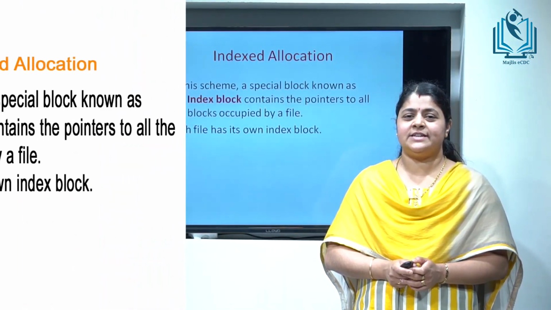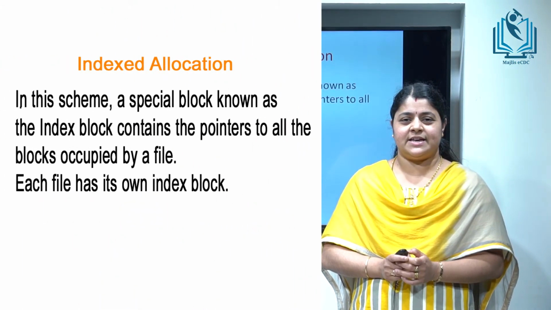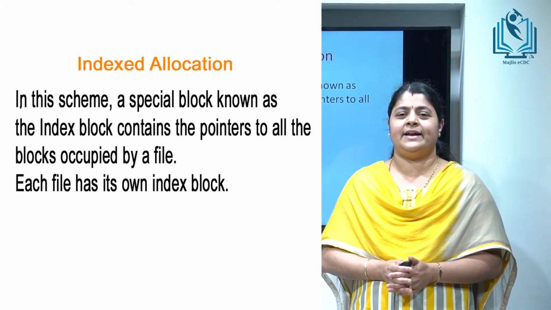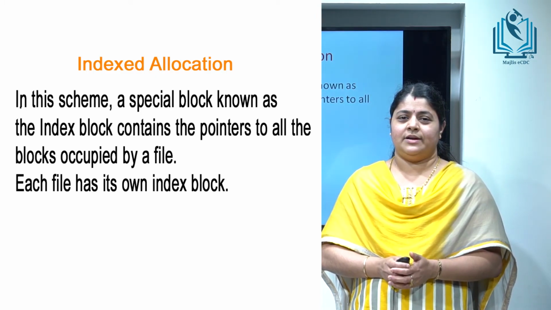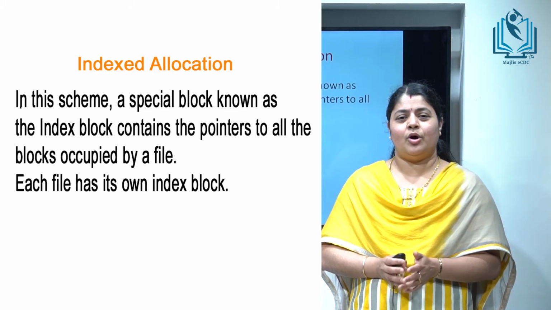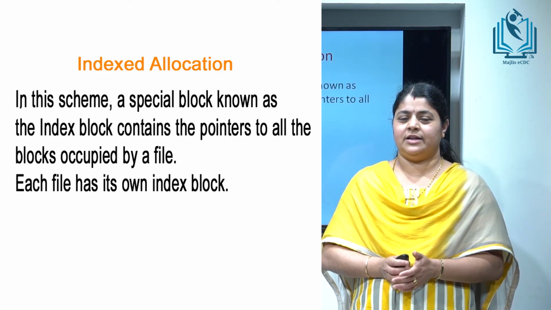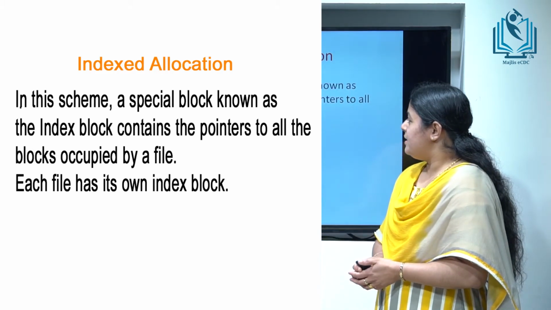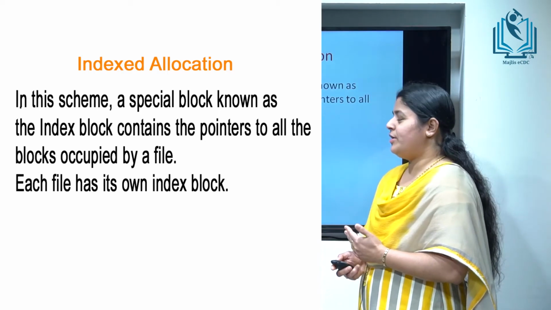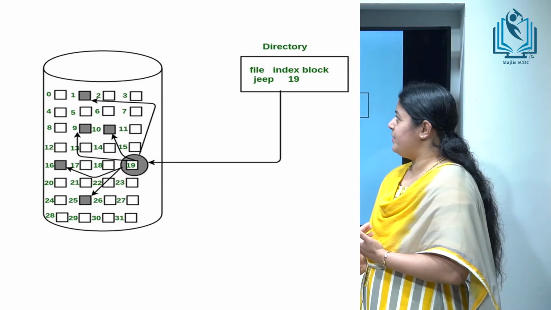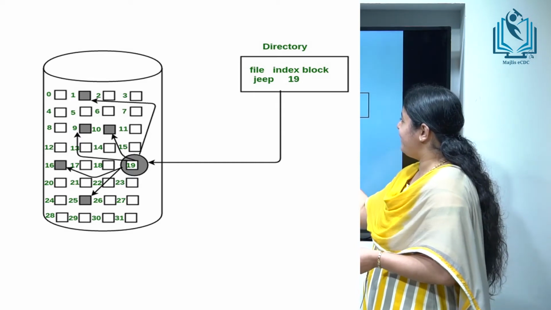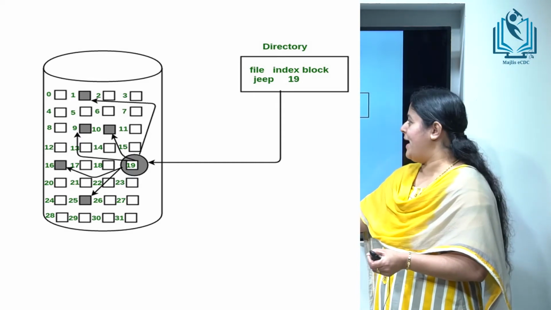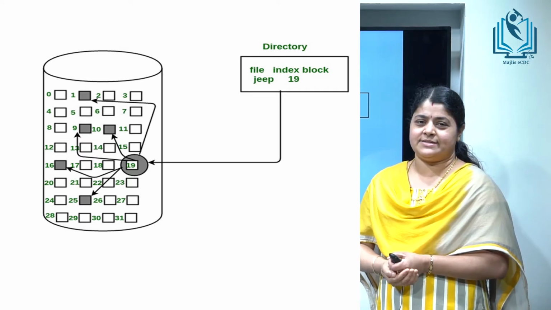Next is indexed allocation. In this case, each file contains an index block. The index block contains all the pointers to the file's blocks. Each file has its own index block. In this case, the directory contains the file name and index block address.